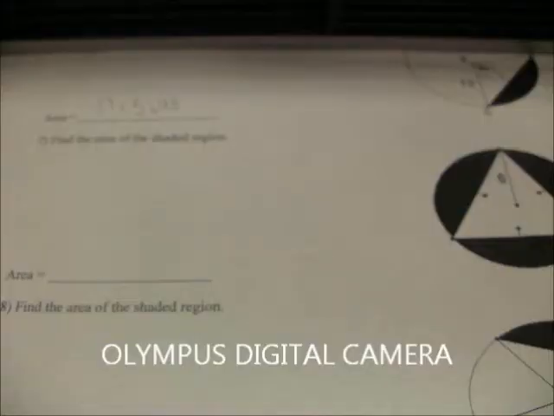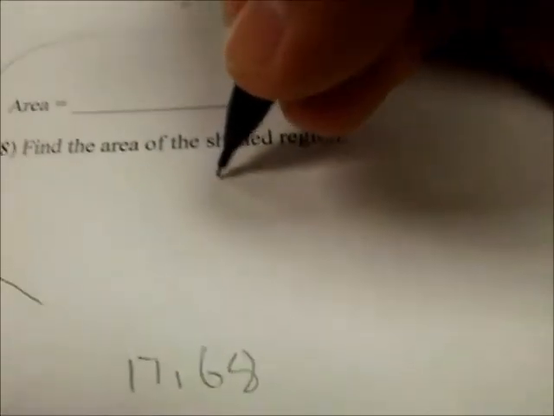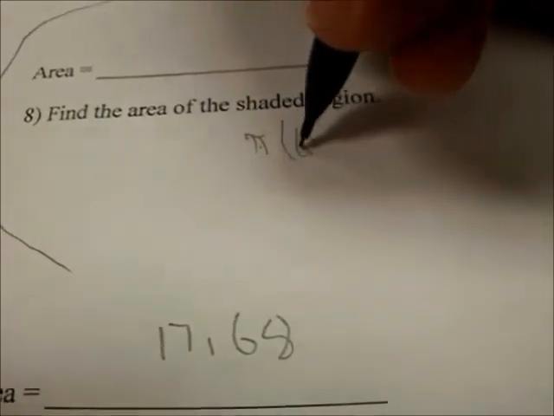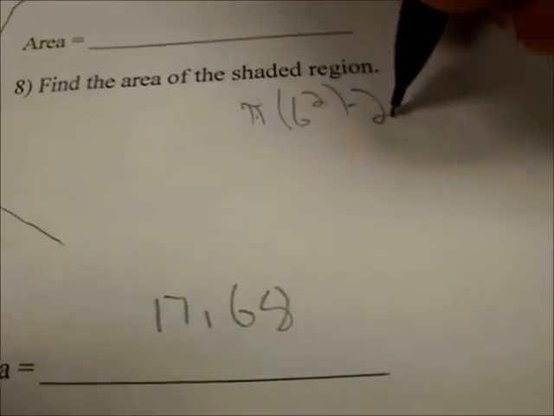For question 7, we want to find the area of the shaded region. We are given an equilateral triangle inside a circle. So first thing we want to do is find the circle, and that'd be pi times 6 squared minus 27 square root of 3.